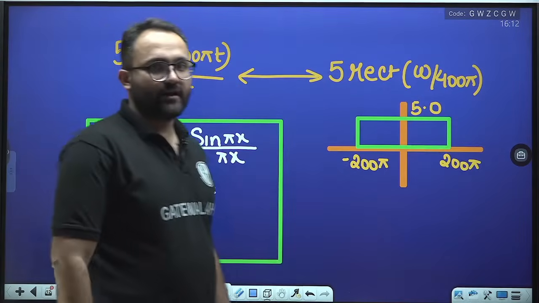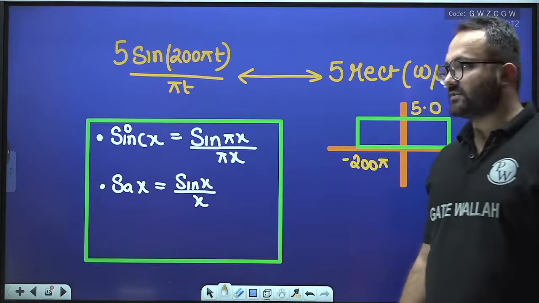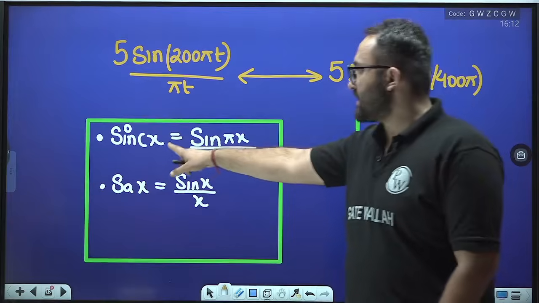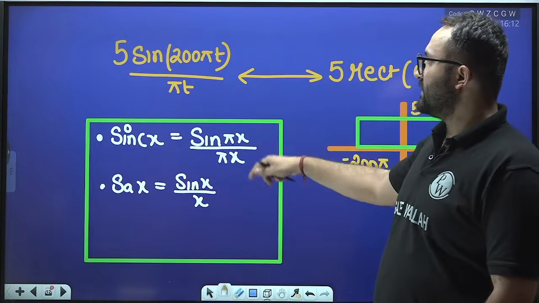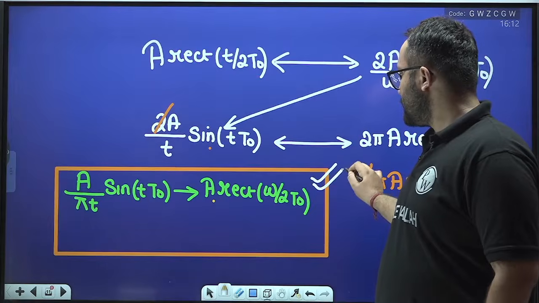These two functions are very important, remember them. Whenever in the GATE exam it is written as sinc x, write it as sin pi x upon pi x and remember this result.